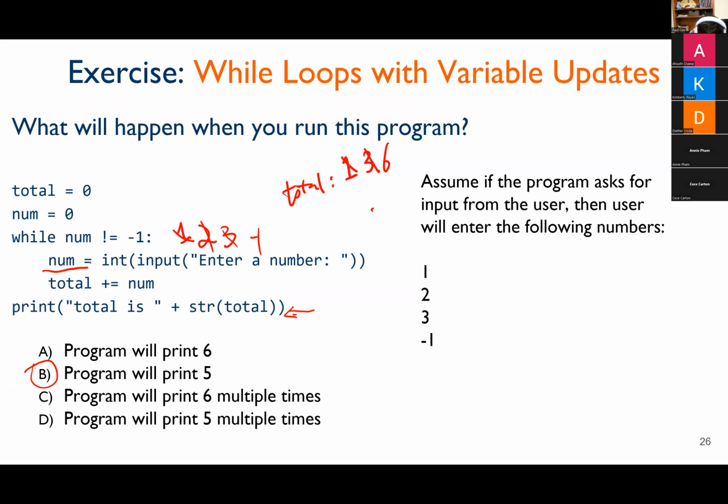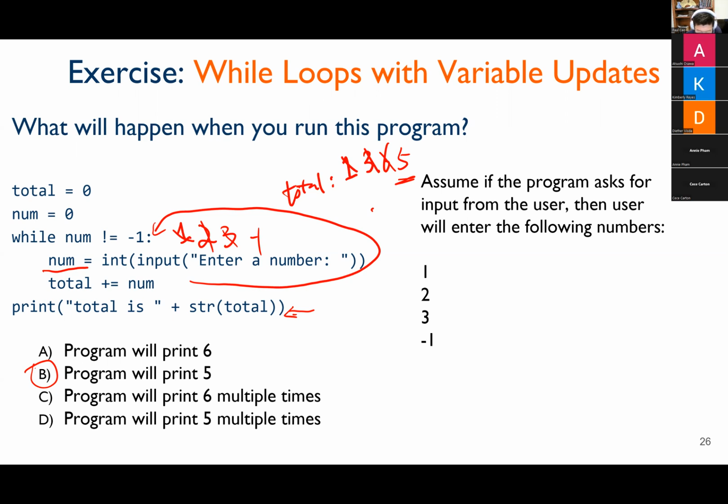And total, in fact, 6 plus -1 is 5. And then you come back, check the condition is bad. So that's when you're out. That's why in the end, total is 5. You added this -1 to it. You added this number kind of incorrectly. This termination flag was used as a legitimate data.